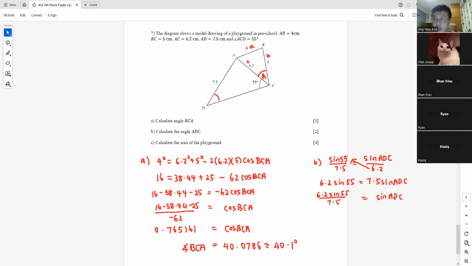So to find ADC, I just sine inverse this whole thing. So ADC equals to sine inverse this whole thing. Press your calculator. Okay, you will get 42.625. 42.6.